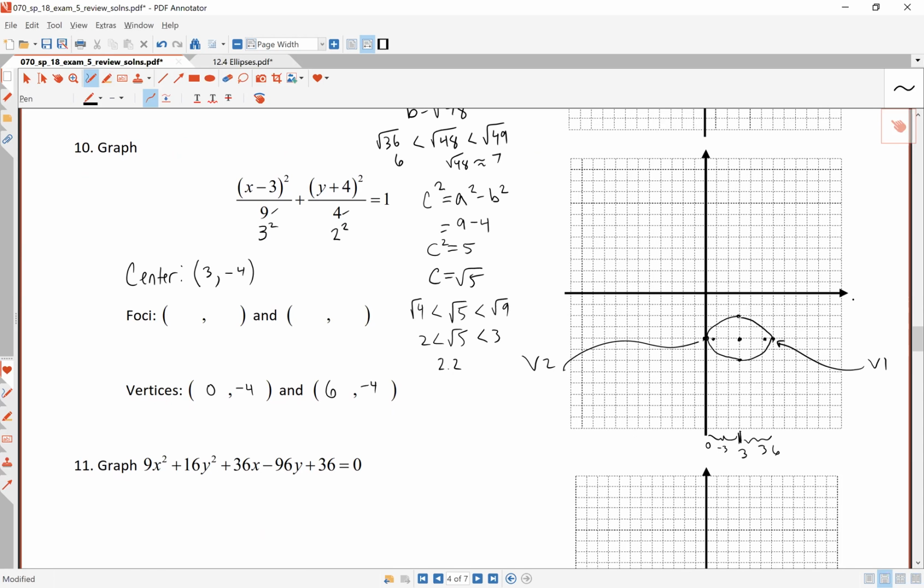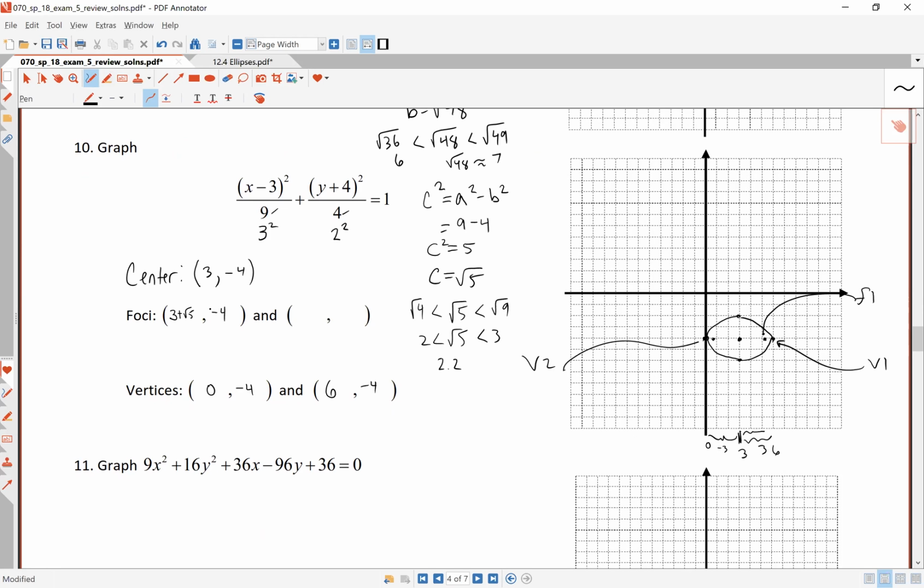To say where those foci are, their locations, focus 1 is (3 plus root 5, -4).